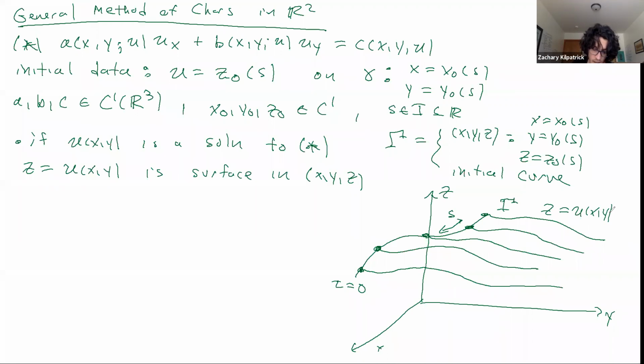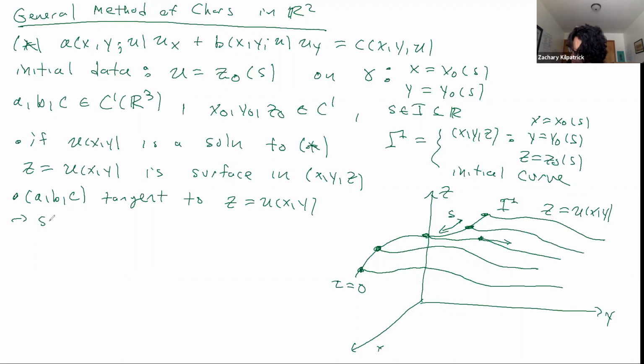And we'd like to be able to say, how is it that you move along this surface in a way that's related to the ingredients of the problem, A, B, and C? Well, the vector A, B, C is going to be tangent to the surface z equals u(x, y).